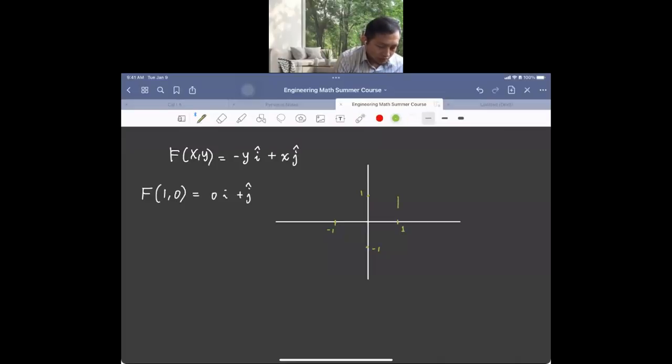Let's say we have this until here, or maybe using the red color. I think it's going to be more distinct. And then let's say we have F at 0, 1. So we will have negative i, right? Negative 1, and then plus 0. So we will go negative to the left. Negative i is here. Okay, so let's take negative 1.